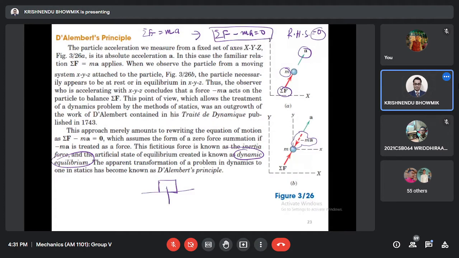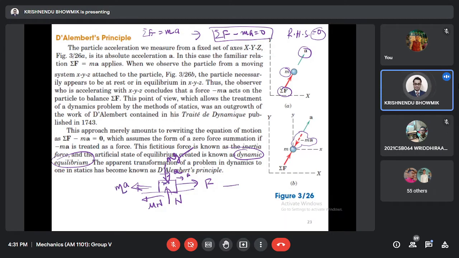One block, with some normal force N and some applied force, and friction mu N. Maybe the acceleration is this a, and the mass is m, so directly I can write mg here. The acceleration is along this direction, so in the reverse direction we can have some reactive force, that is ma, the same ma we wrote.